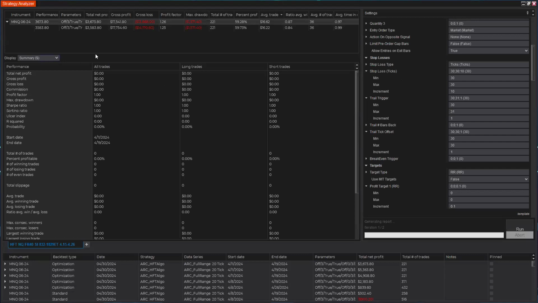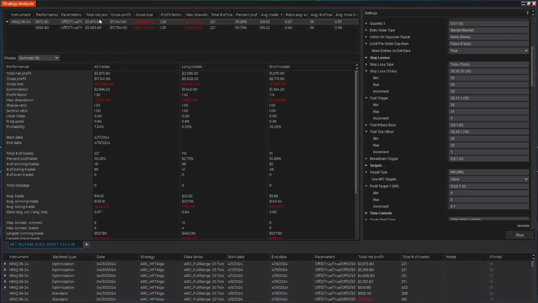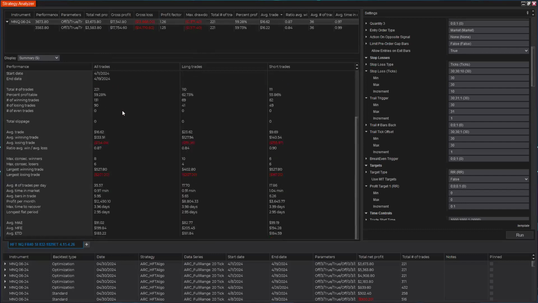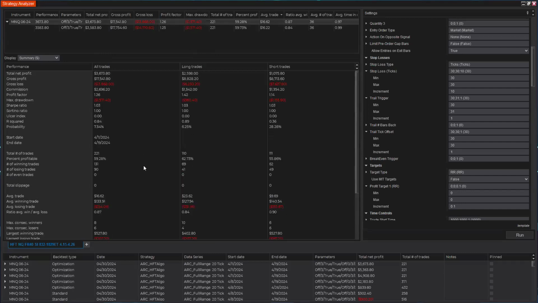Okay, so this is coming back, and it was not really that much more of an advantage to leave a runner. The profit's less, the profit factor's less, the drawdown's about the same. So not great. You really want your runners to be a little better than that.